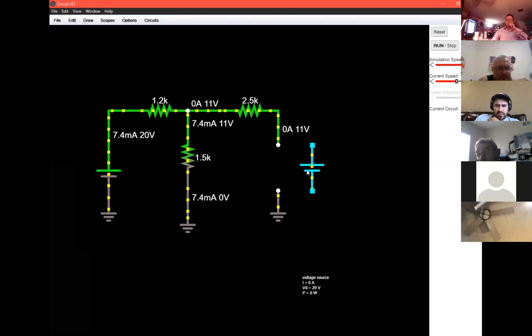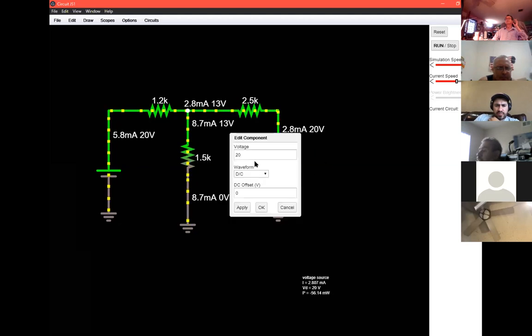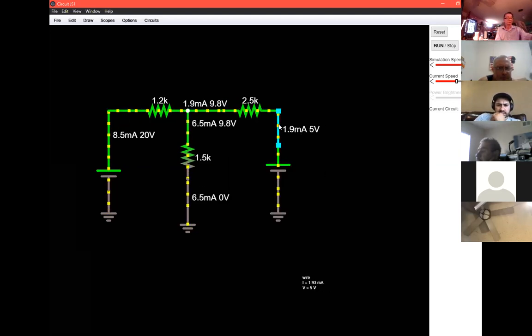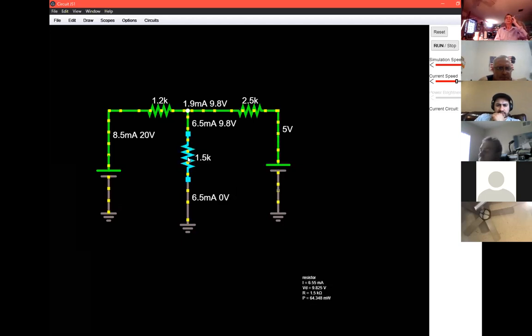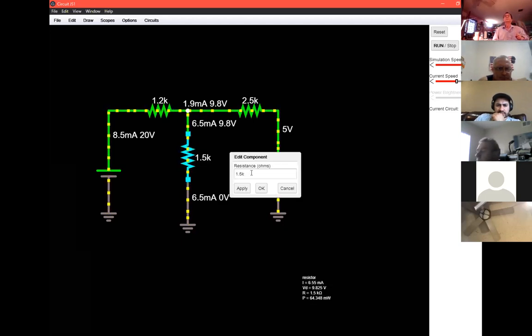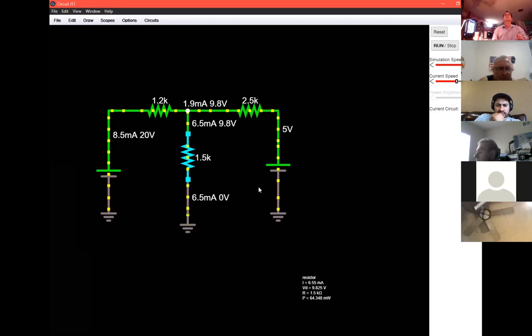Each component has the ability to be removed. All of them have the ability to be removed. They have measurements that you can set. For each circuit, you can display the numerical values. For each component, you can set their resistor values.